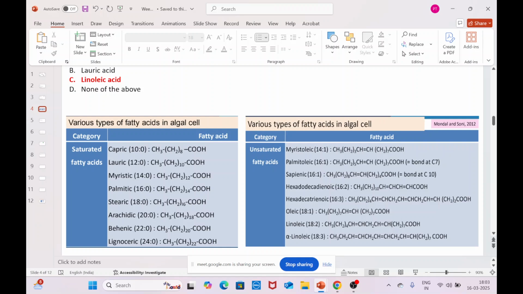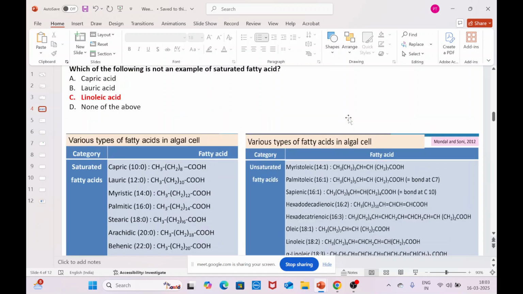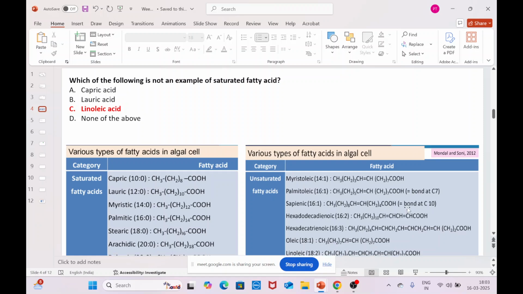And you have sapienic acid, hexadecadienoic, hexadecatrienoic, oleic, linoleic, and alpha-linolenic. So these are the types of fatty acids in algal cells. It's just to make sure that people are prepared for this type of questions. I think there is a similar question even in the assignment, if I am not wrong.